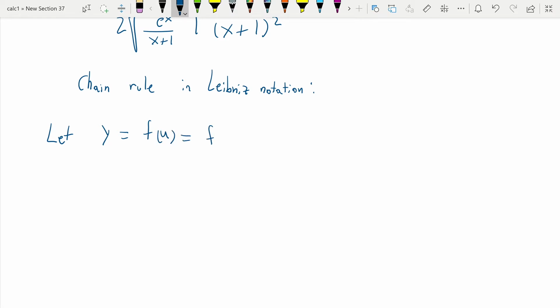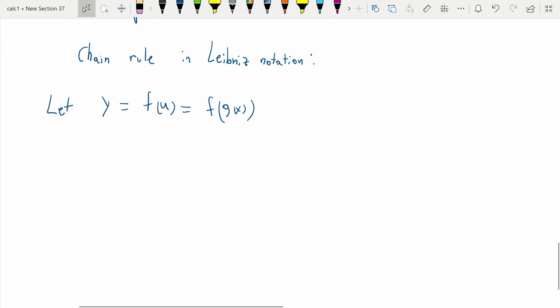So if we let y be equal to f of u, where u is some g of x, some function of x, then we can write y prime in Leibniz notation, dy dx, which, as we've already seen, is f prime of u times g prime of x.